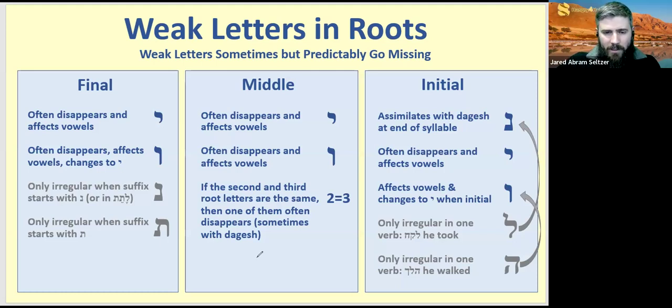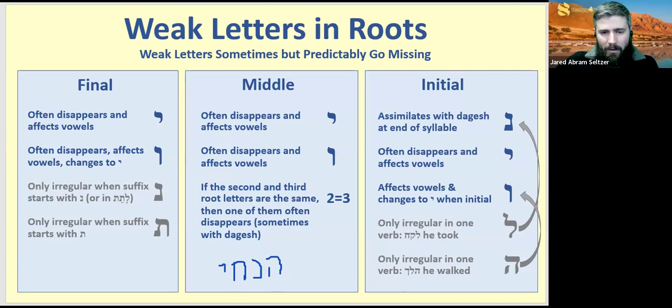Okay, let me give you a couple examples. For example, hinchil. Here it comes at the end of a syllable. Well, I guess I'll put hinchil. It comes at the end of a syllable, but there's a guttural following, so the nun will not assimilate. That hey is a prefix that says causation.